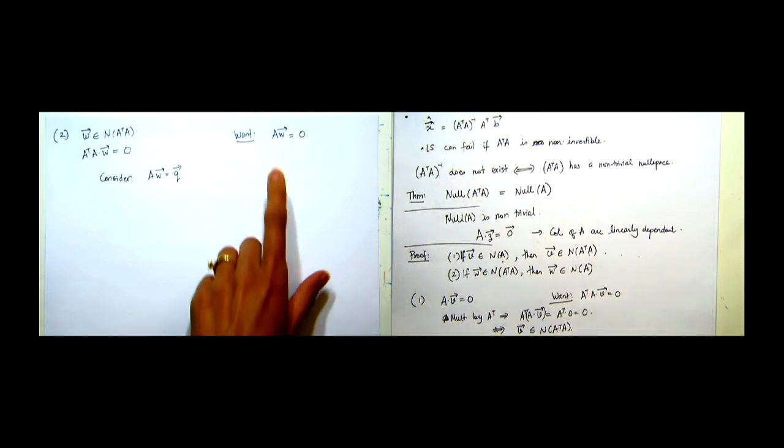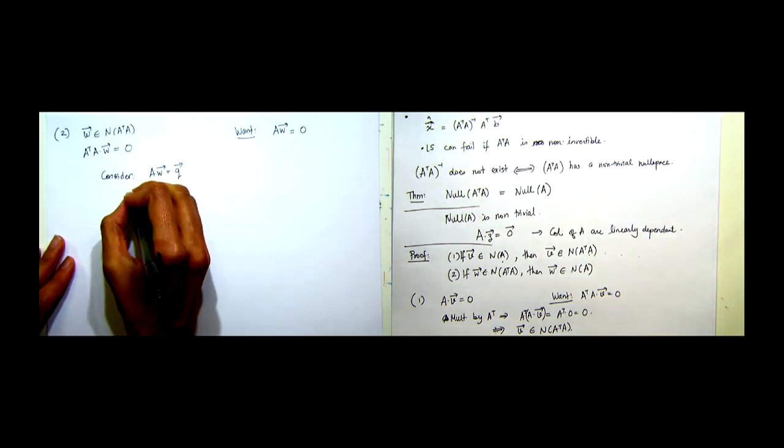Okay? So we want A times W equal to 0. Let's consider this Q. If Q was the 0 vector, what would the norm of Q be? It would be 0, right? So now, what if I considered this quantity?